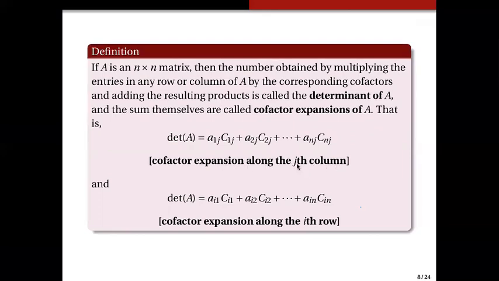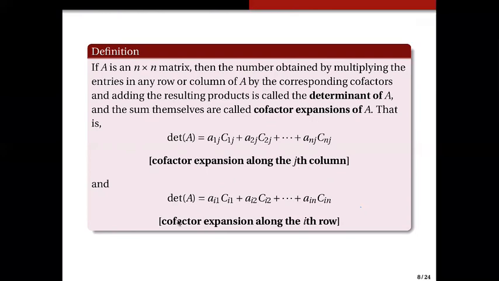So meaning we are using the jth column of the matrix A. We are retaining the second subscript as j, and we run the first subscript throughout the rows. So here, the determinant of A is equal to A1j C1j plus A2j C2j plus until Anj Cnj. So we are retaining the second subscript, the jth column.